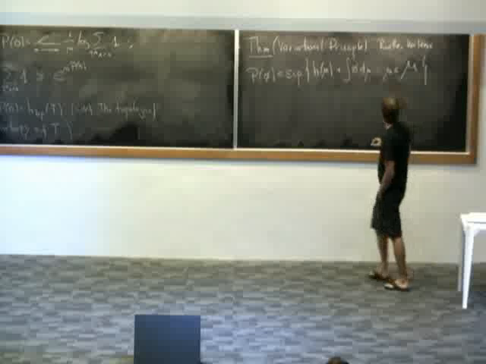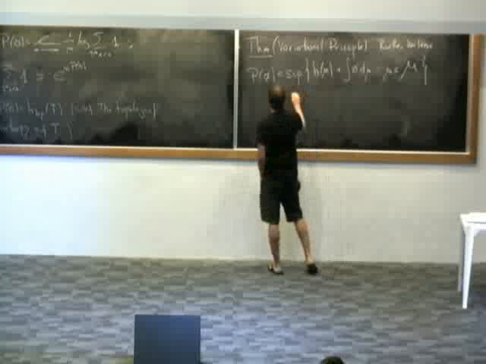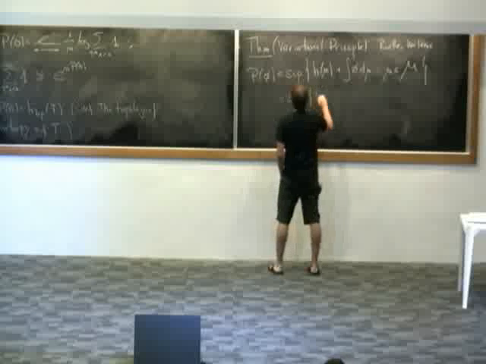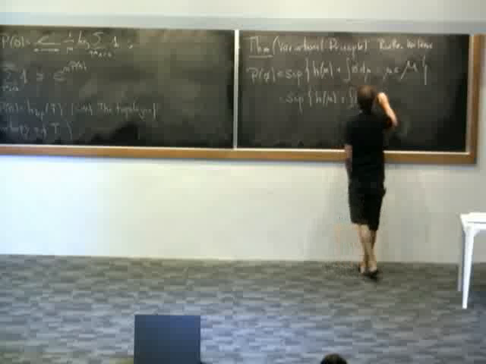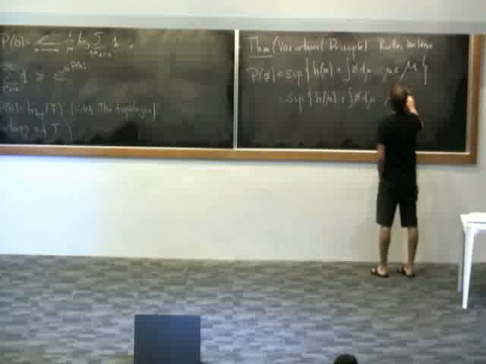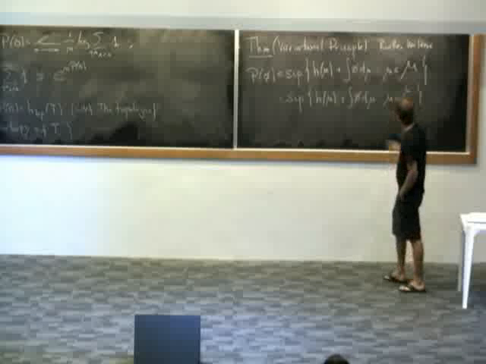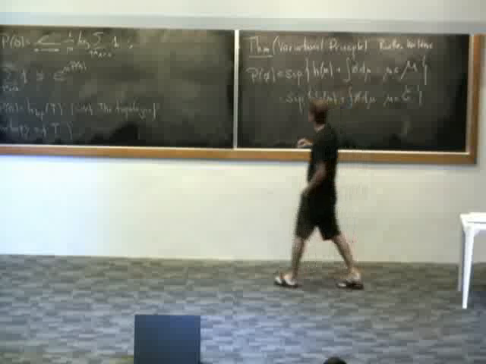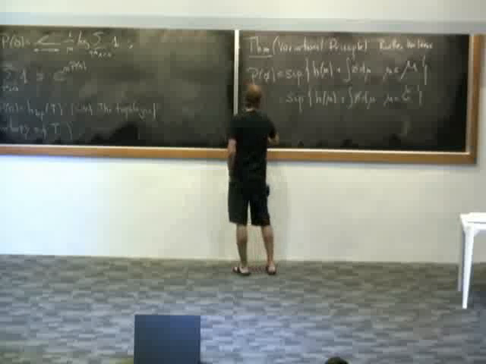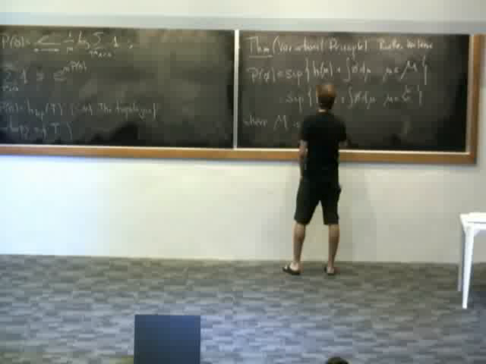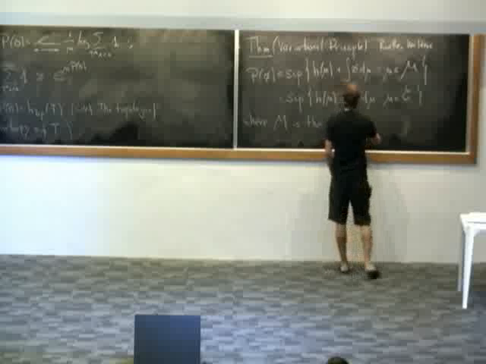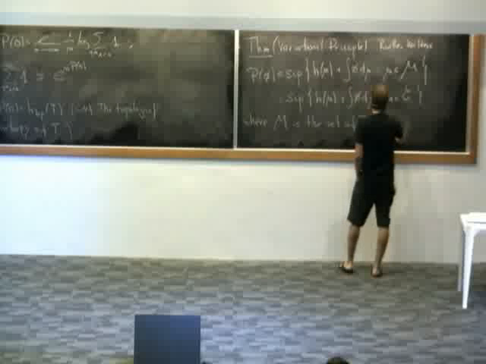I'll have to explain a couple of things here, but let me first say that this is the same as this. So M is the set of T-invariant probability measures.